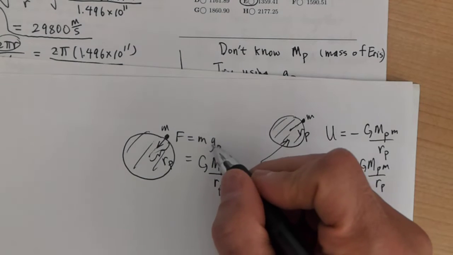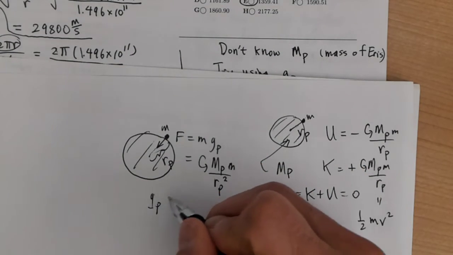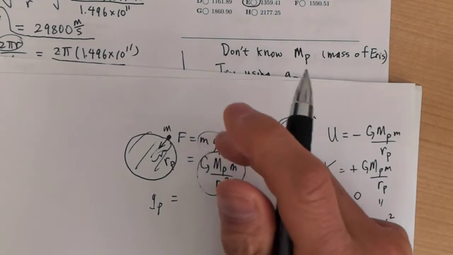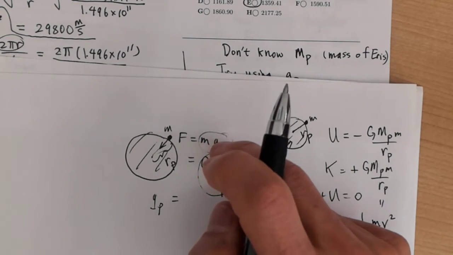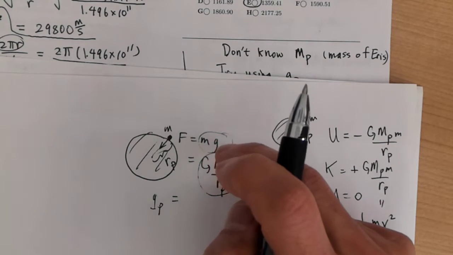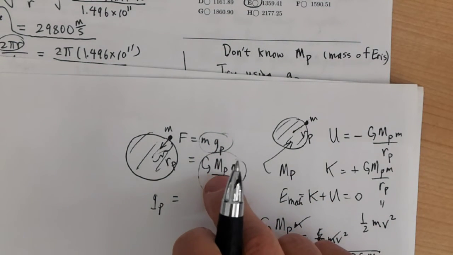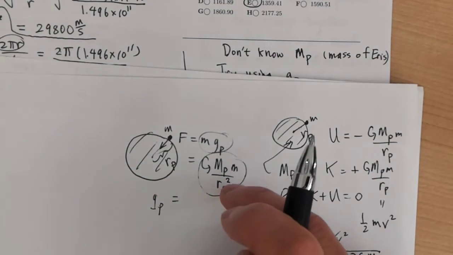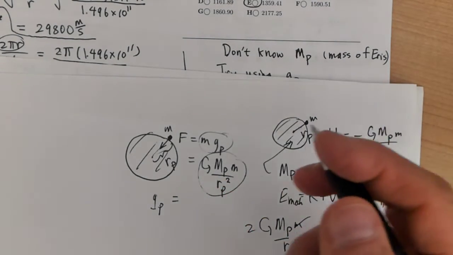By the way, these formulas are both on the equation sheet. It's actually written this way: m g equals capital G capital M times small m divided by r squared.